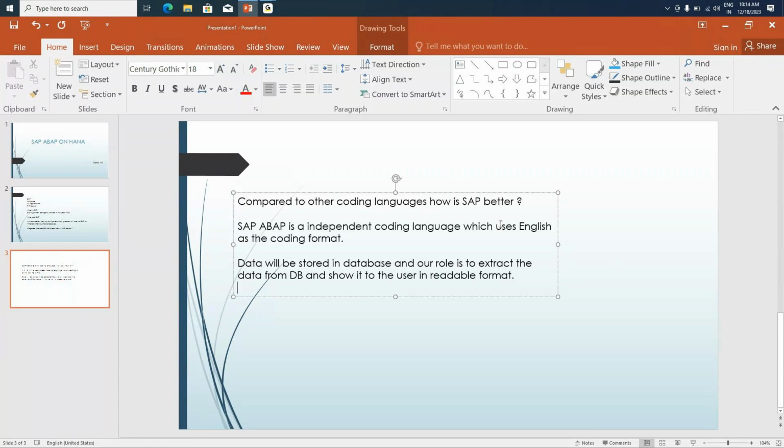Simple. Every data, even a single dot, will be stored in the database. Our responsibility as an ABAPer is to extract this data and show it in a readable format. That means it should be user friendly. Whatever data we show to the user should be user friendly. That is in general the responsibility of an ABAPer.